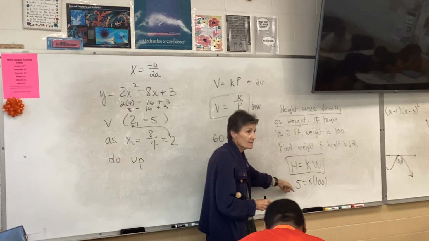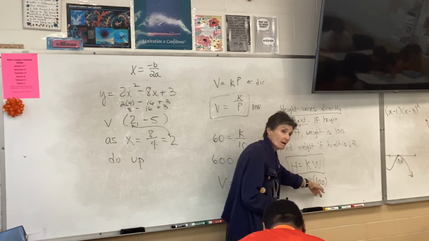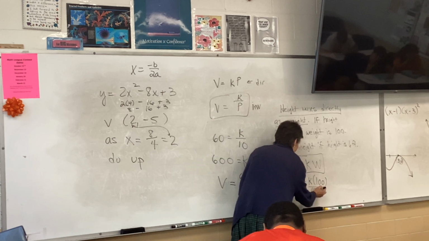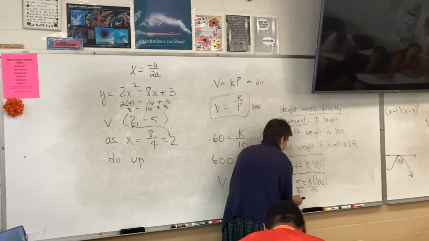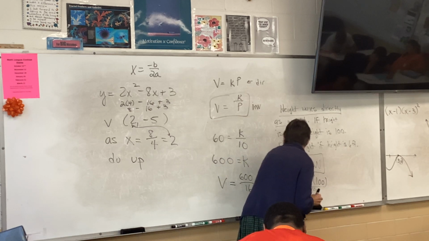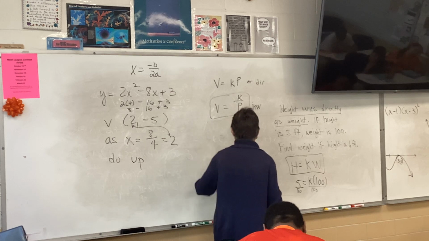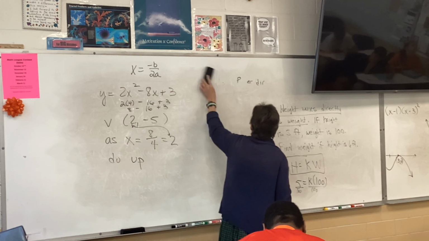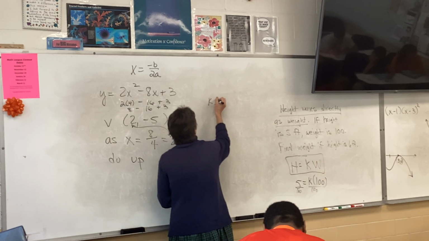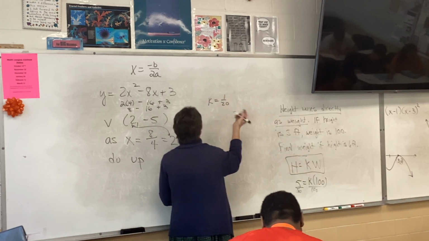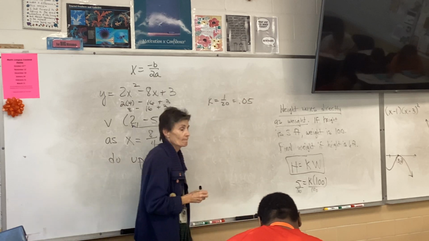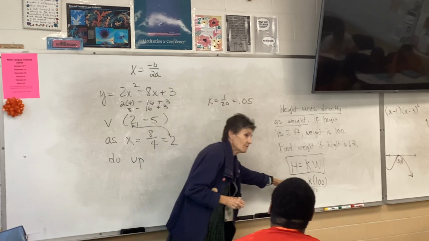That's my formula. Height's 5, weight is 100, so I'll divide by 100. And K is going to equal what? Is it going to be 0.05 or 1/20th? You can use 1/20th or you can use 0.05. It's 5 divided by 100.